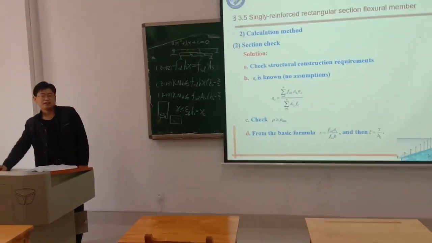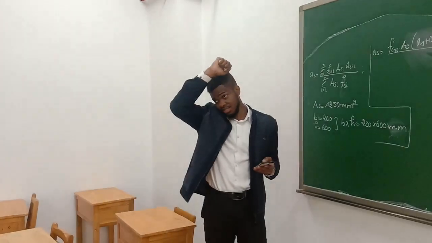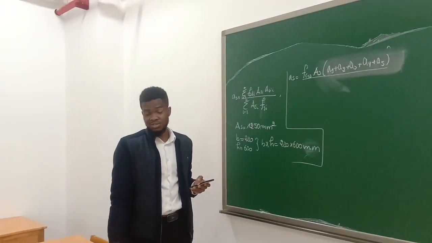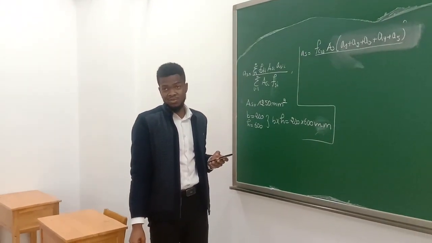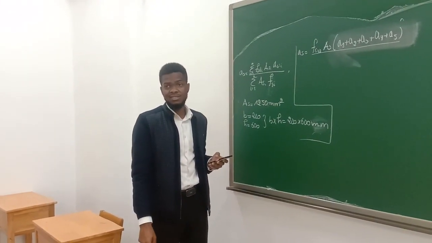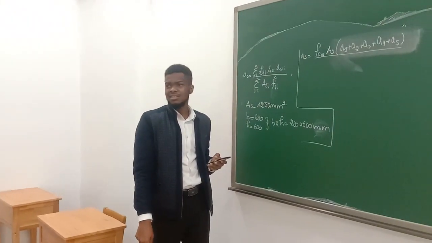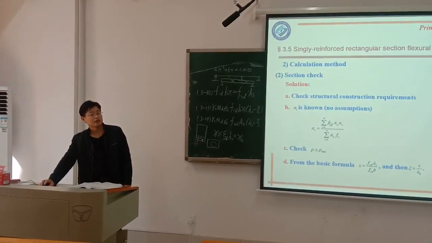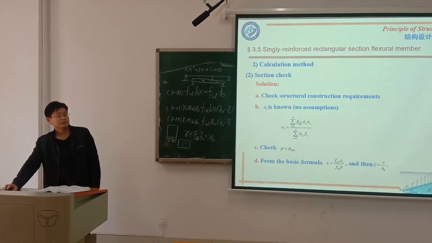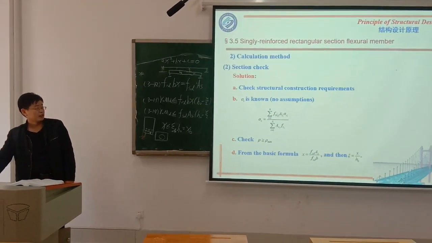So in this question, the steel is the same. We will not need to use the different force. Now in this question, the steel strength is actually the same, so we can just remove it.